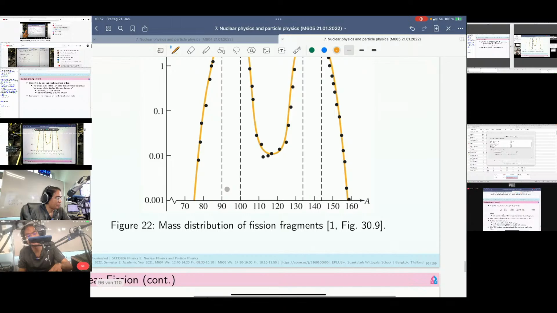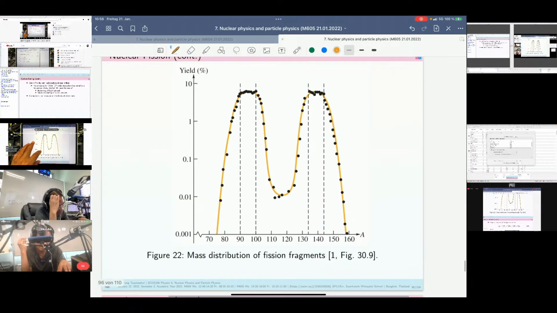The typical possible combination for this type of reaction is barium 141. Barium 141 is somewhere here.